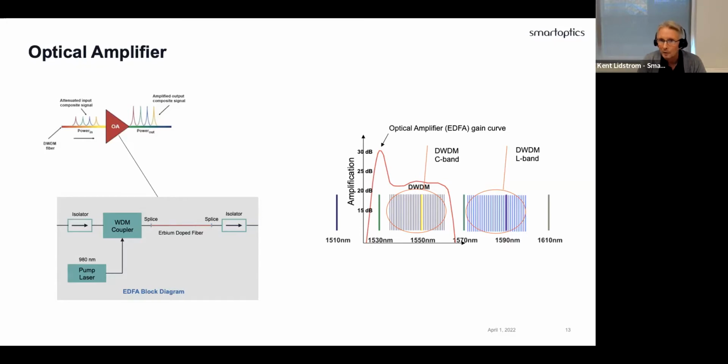You also have another DWDM band in the L band area that has not really taken off. Very, very few people use that today because the EDFAs are not working in that area. So EDFA is by far the cheapest and most efficient way of amplifying the wavelengths in the 1550 nanometer area, or the C-band.